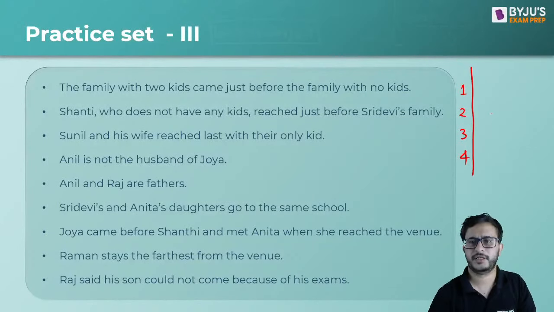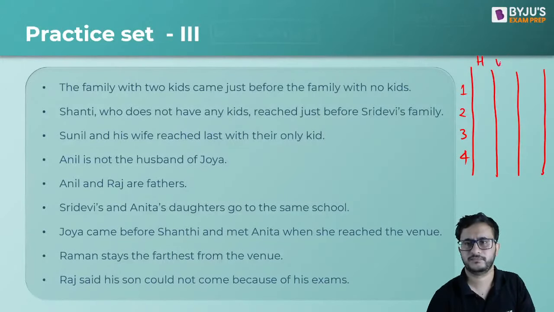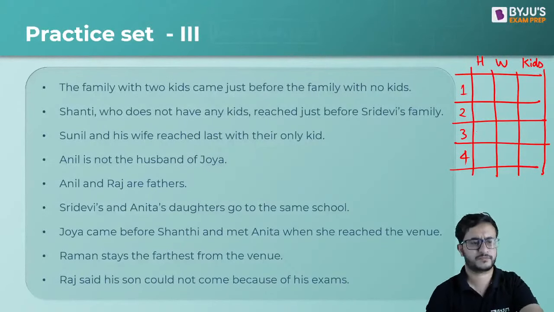So you can write the name of the husband, the wife, and the number of kids. And so it's a matrix.